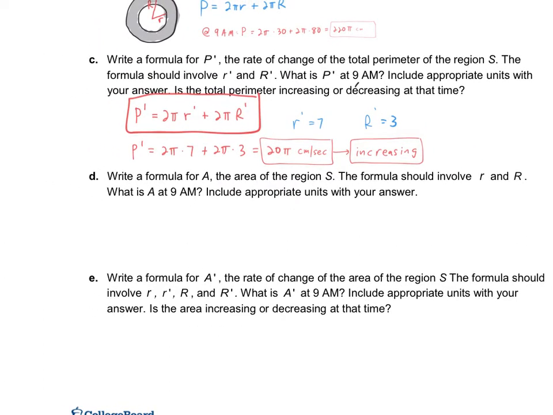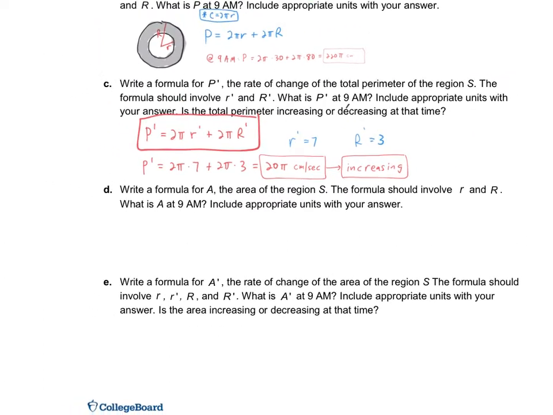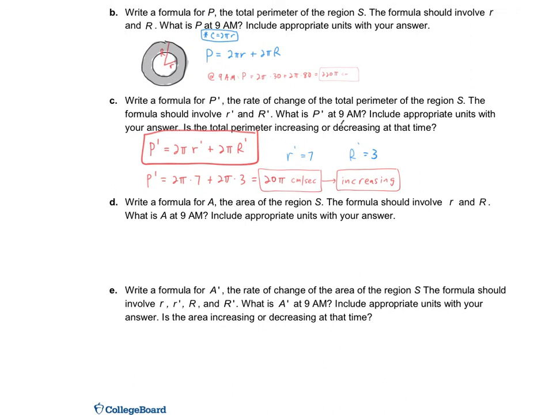Write a formula for A, the area of region S. To get that area, we'll do the area of the bigger circle and then subtract the area of the smaller circle.